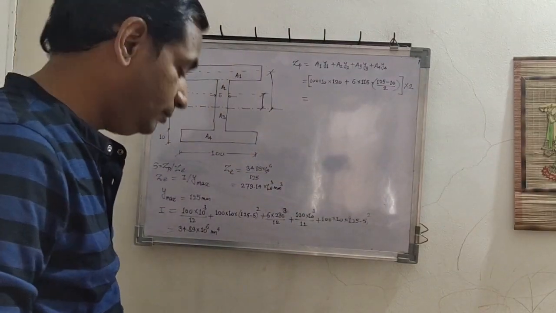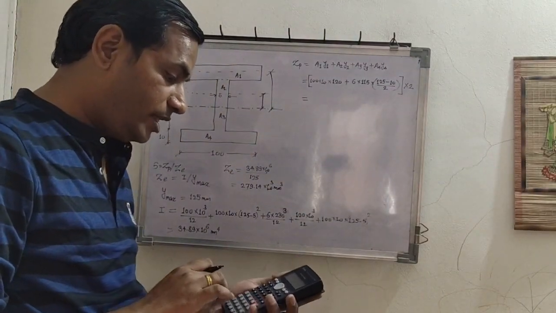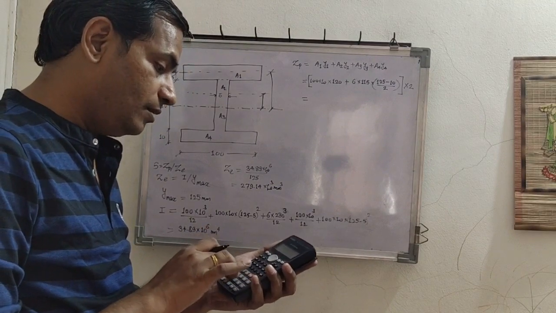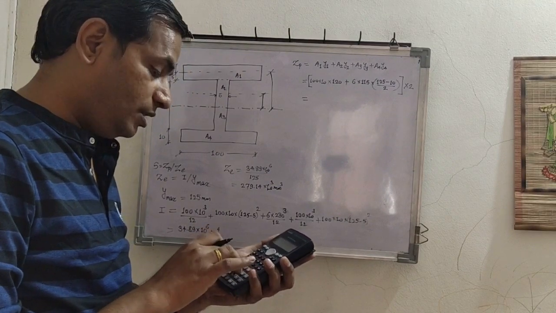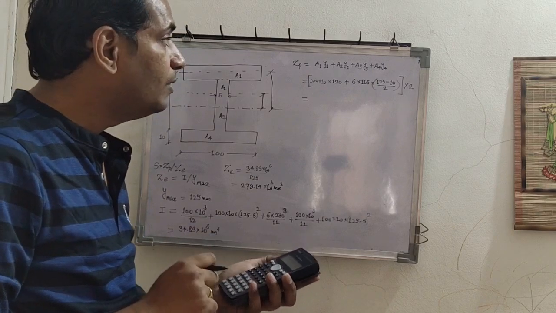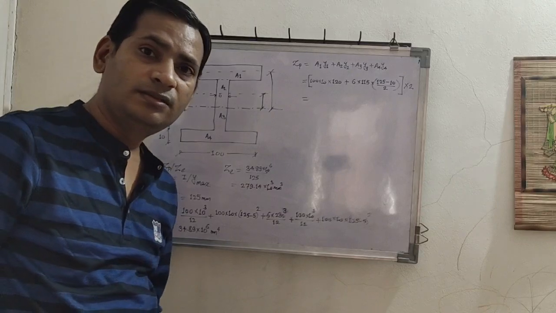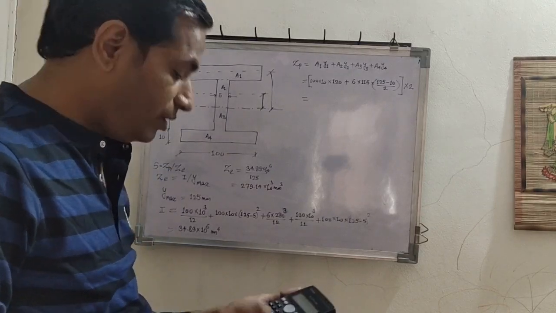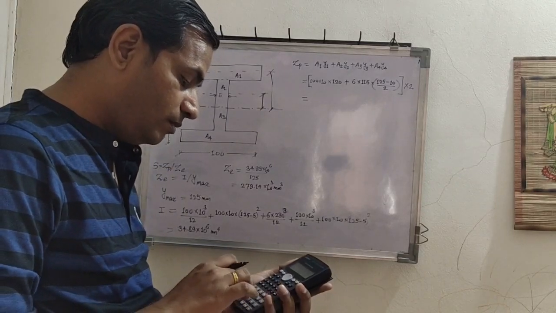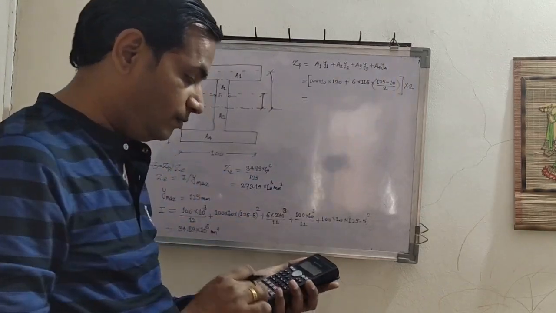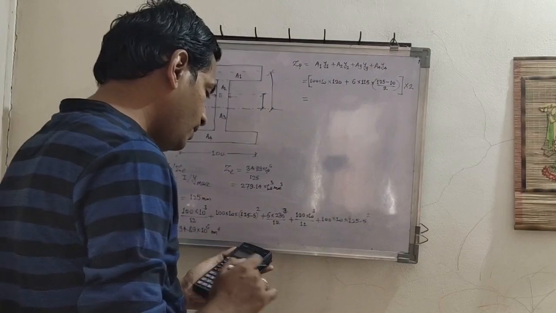ZP: 100 into 10 into 120 plus 6 into 115 into 125 minus 10 is 115 upon 2, into this total is 2.